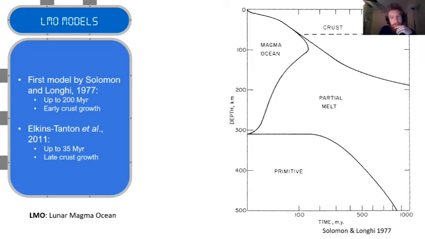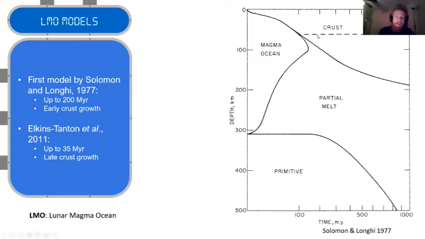They considered also that the crust started forming quite early, after only 50% of the magma ocean crystallized, because back then they didn't have the most modern crystallization models that we have now. They also considered that the final plagioclase crust was a bit thicker than what we expect now.